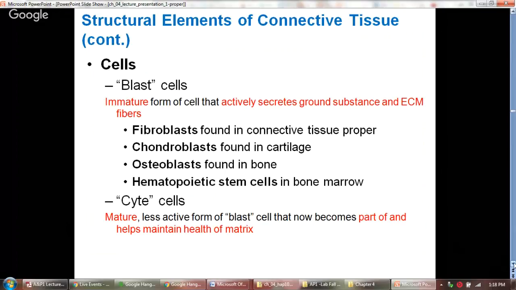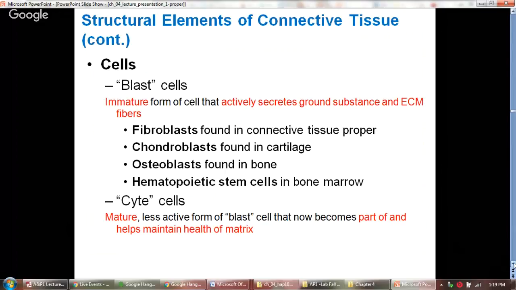You would find several types: the fibroblast, chondroblast, osteoblast, and even though the name is a little different, the hematopoietic stem cells all come under blast. Fibroblasts are found in connective tissue proper. Chondroblasts: chondro goes with cartilage, so found in cartilage. Osteo goes with bone, so osteoblasts are found in the bone. The hematopoietic stem cells are in the bone marrow.